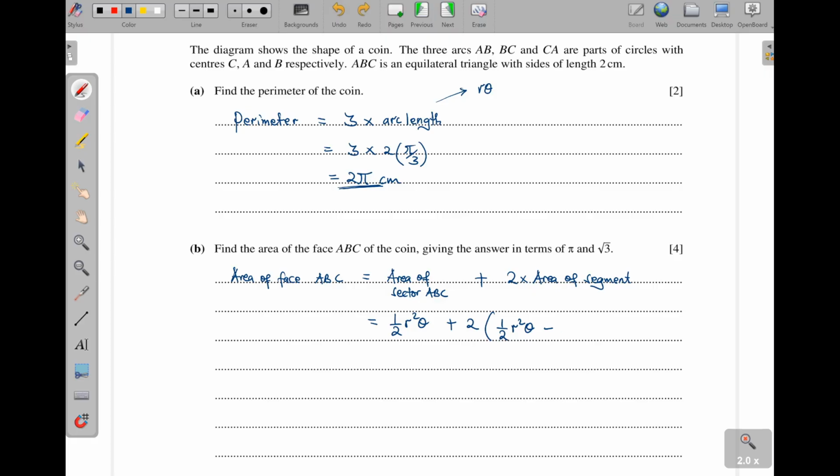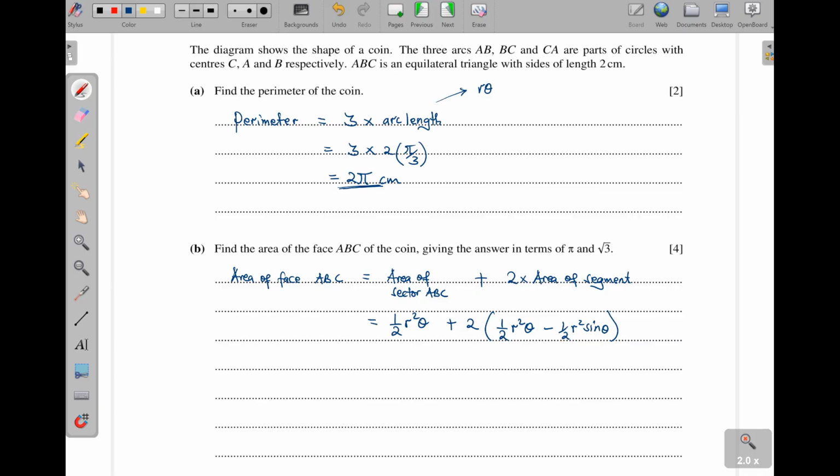And area of the triangle is a half r squared sine of theta. Remember, if you have a triangle which is not right angled, and you know this side, and this side, and then you know an angle in between, so the area will be a half times this side that you know, times this side that you know, then sine of theta. Okay, so that is what I'm applying there.